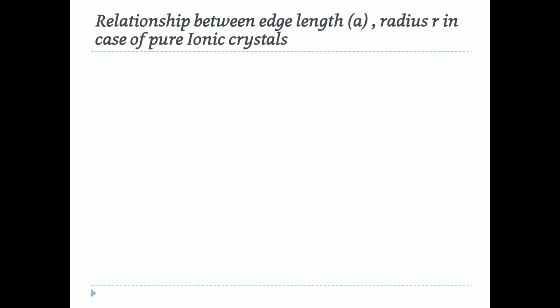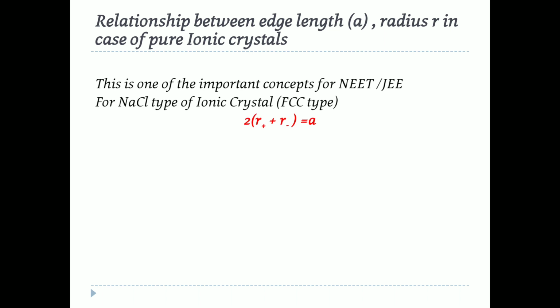Now coming to the ionic solids, which are not dealt with in your textbook, but are important for NEET. For ionic solids, one of the very important questions is the NaCl type of crystal. For an NaCl type of crystal, 2 into radius of cation plus radius of anion is equal to edge length A. Now how is it? See, in case of NaCl, the chloride forms the FCC and Na plus is present in the octahedral void.